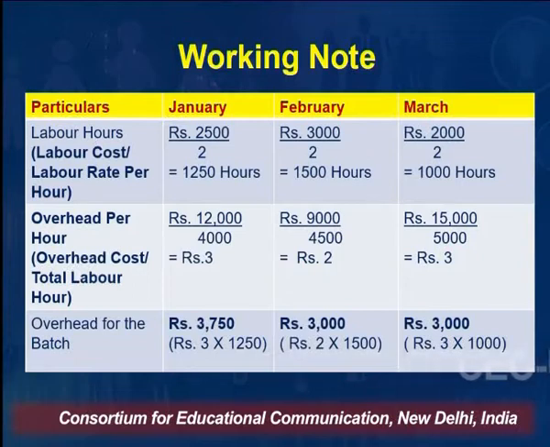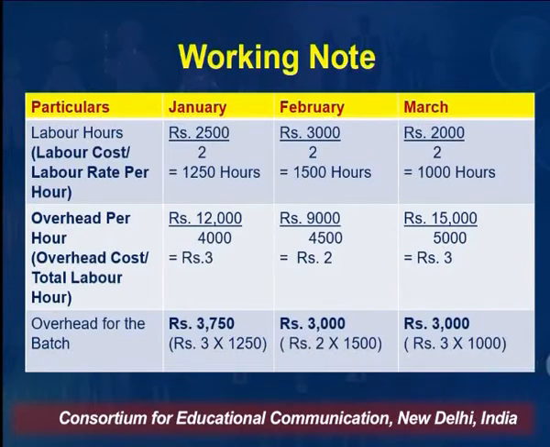Labor cost is given in this question, and the labor rate per hour is given, which is rupees 2. The labor hours will be 2,500 hours for January, 3,000 for February, and for March it is 2,000 hours. I have not done any complex calculation.